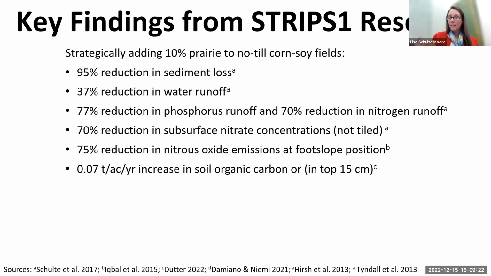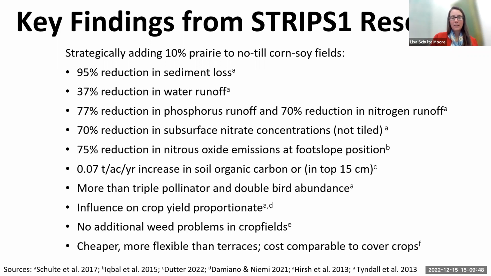We also saw beneficial impacts in terms of reducing nitrous oxide emissions, a 75% reduction at that foot slope position, the lower portion of the catchment, as well as an increase of about 0.7 tons per acre per year in soil organic carbon over time. We saw increases in pollinator abundance, triple pollinator abundance, as well as a doubling of the bird abundance. We saw no additional increases in weeds in the crop fields of the areas that we were looking at.